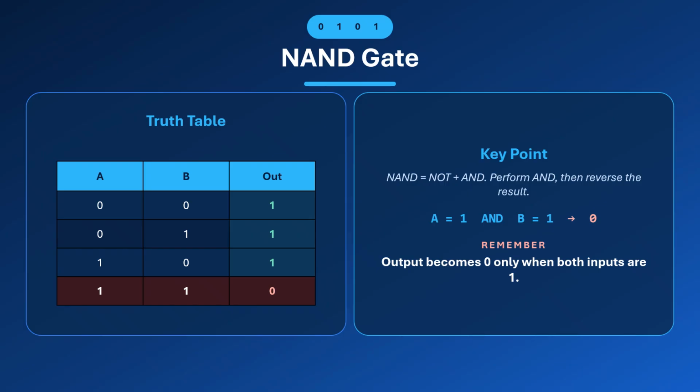That means just the reverse of AND gate. If A is 0 and B is 1, output is 1. If A is 1 and B is 0, output is 1. And if A is 1 and B is 1, output is 0. So what we understood is that it is just the reverse of AND gate.